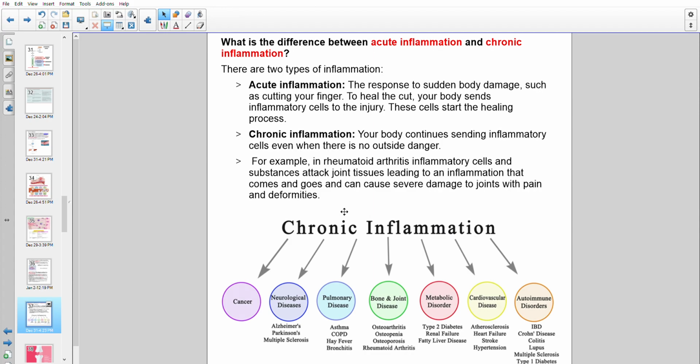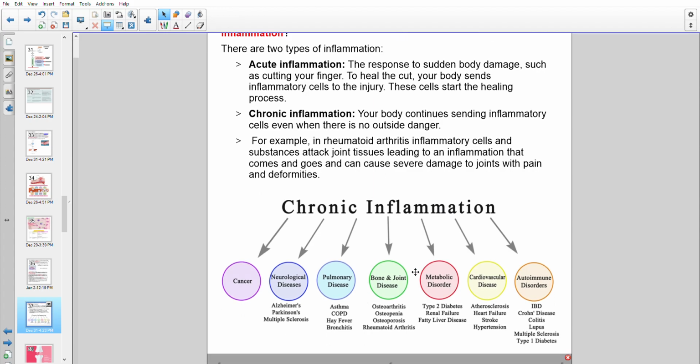Not shown so, but that's only with what we call with the bone. But look at all the other types of chronic inflammation. Cancer is a type of chronic inflammation, because what is happening is all those chemicals are continuing the inflammation, but the inflammation is pretty destructive in itself. You've got neurological diseases like Alzheimer's, Parkinson's, multiple sclerosis.